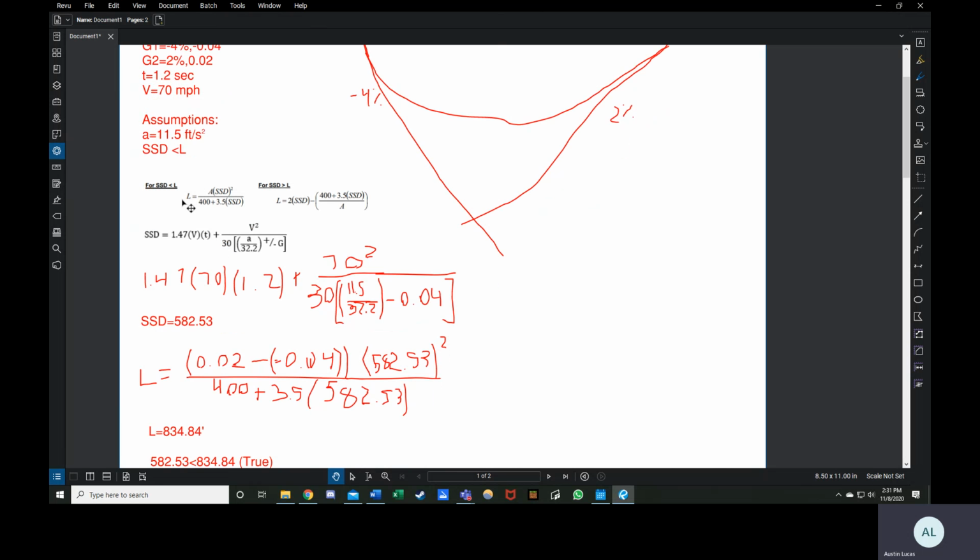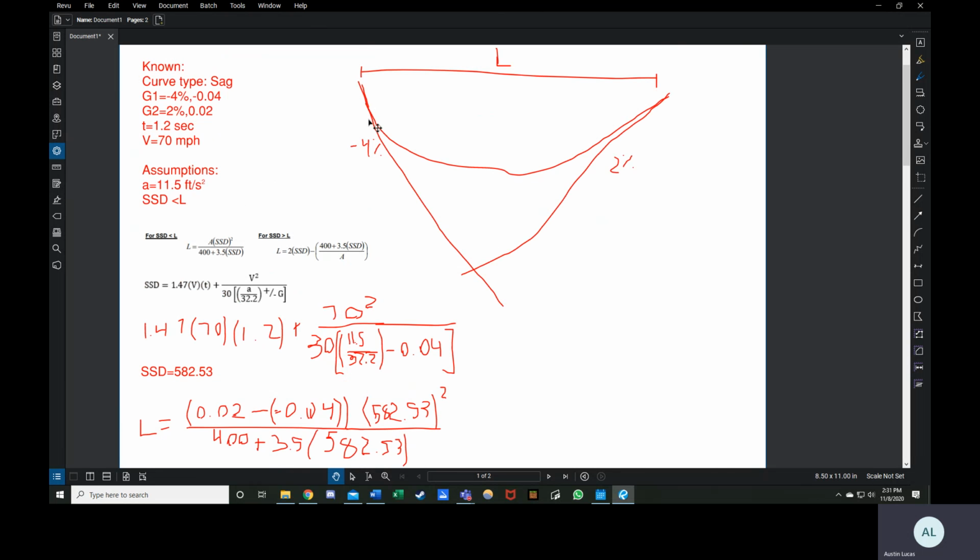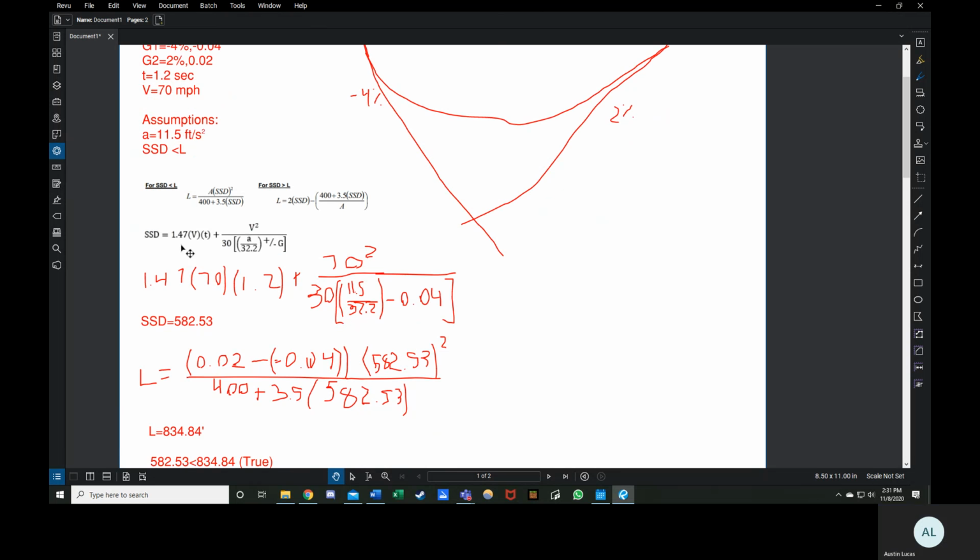But I still have two unknown variables in this. I have L and I have SSD. So without the SSD, I'm going to struggle to find L. But I do have everything I need here to find SSD. So I come down, and this is our SSD equation, and then I have plugged it in. 1.47 accounts for our velocity being in miles per hour, so we don't have to convert.